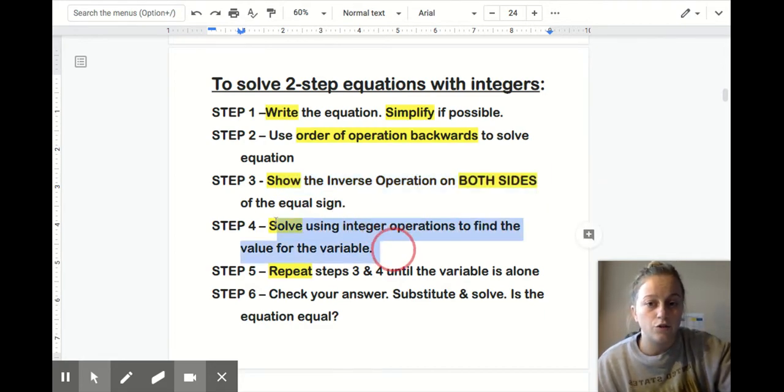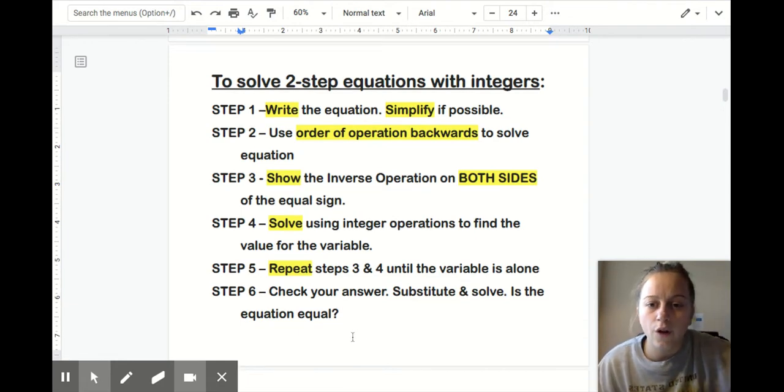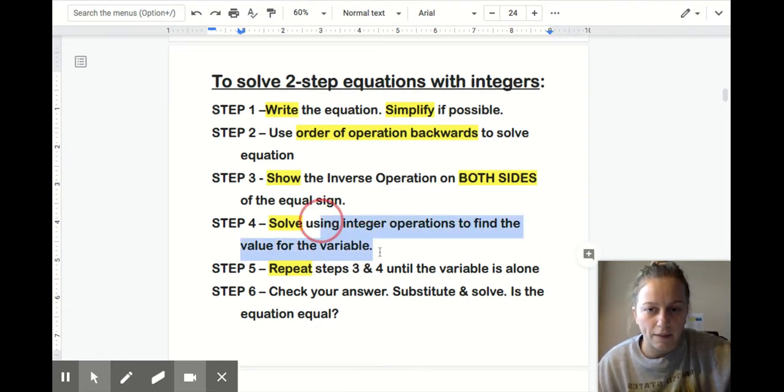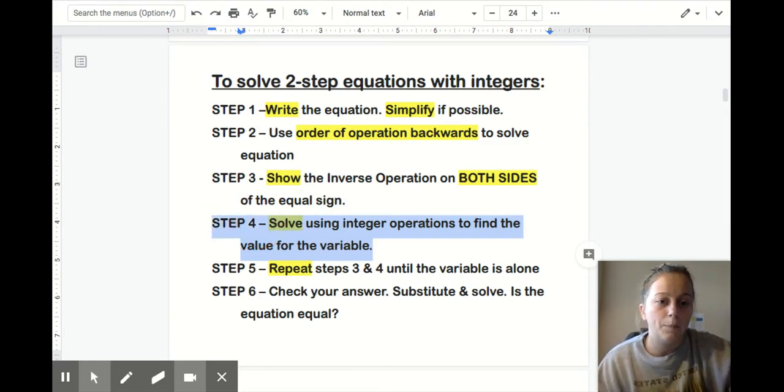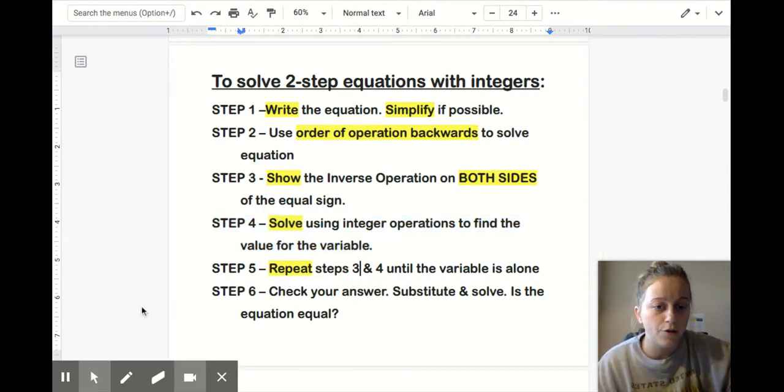Solve using integer rules. You'll do it again by showing inverse number 2, and then you can check your answer at the end. Again, you've already written these steps. The only step that's added in here is using integer rules, but you have calculators, so you might as well use those. If you need time to write these steps down, you'll press pause.